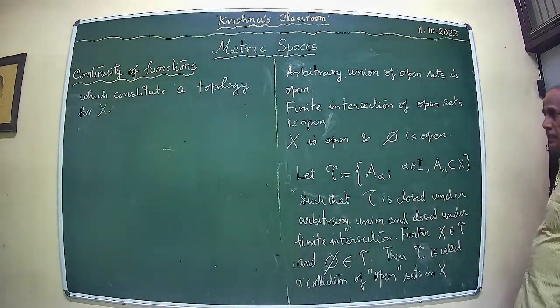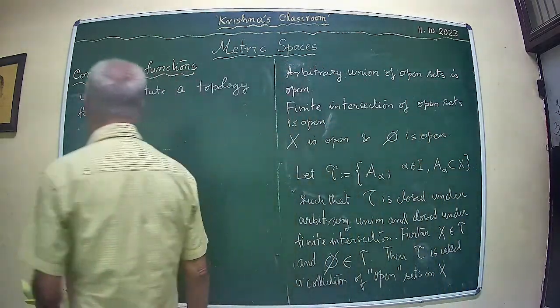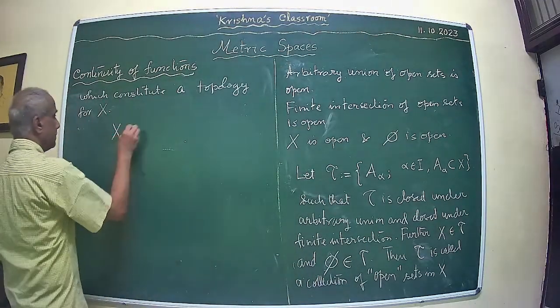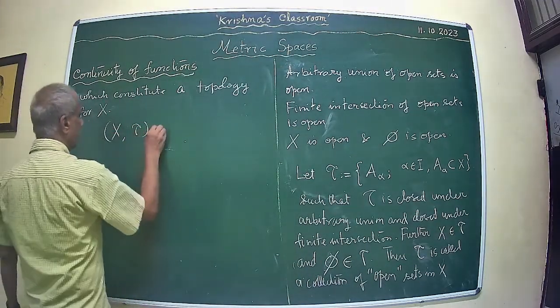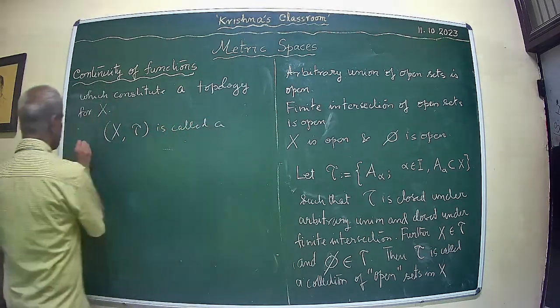Now this is the definition of the topology. So X with tau is called a topological space.